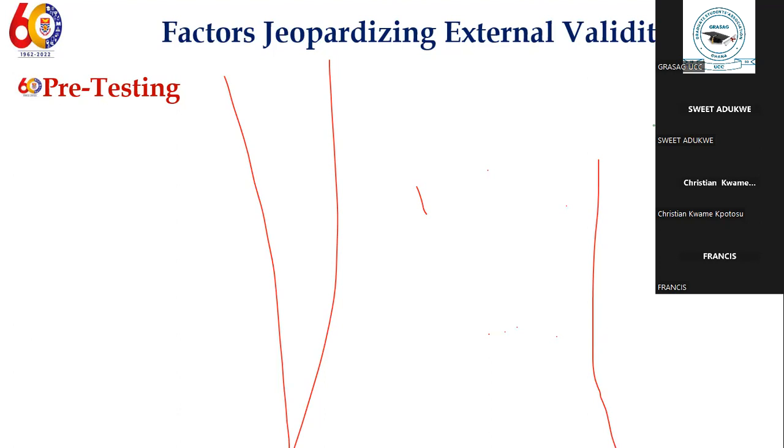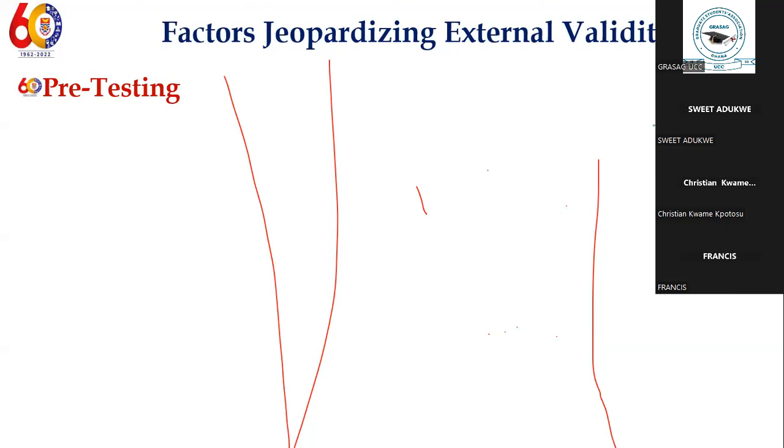So when after your intervention, you see that these people show high levels of knowledge on my intervention, then let me generalize this over the whole population. You will see in this case that there is something wrong.